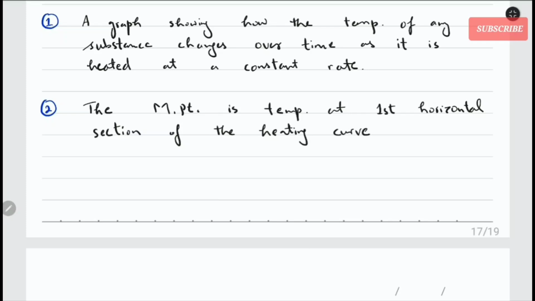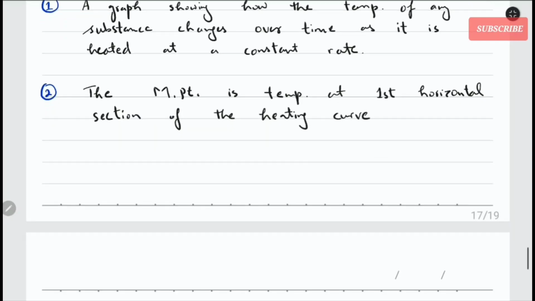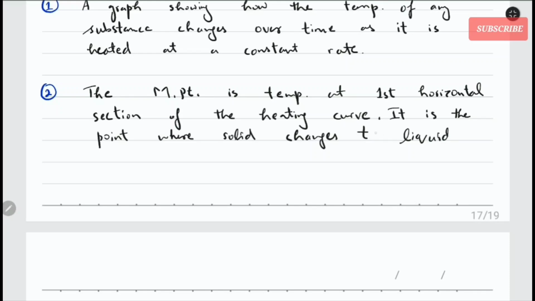As you can see, this is the point. It is the temperature at which the solid changes to liquid. Solid changes to liquid, right? So it's very easy.